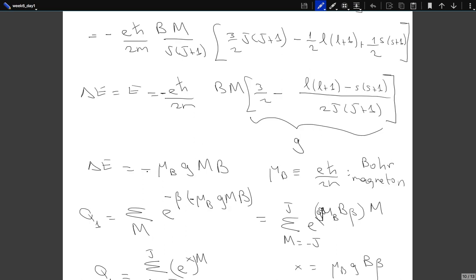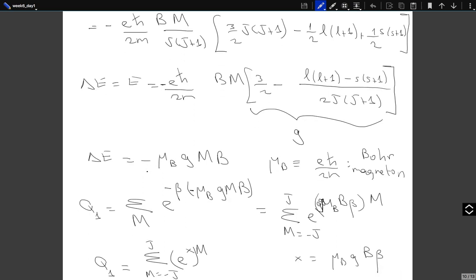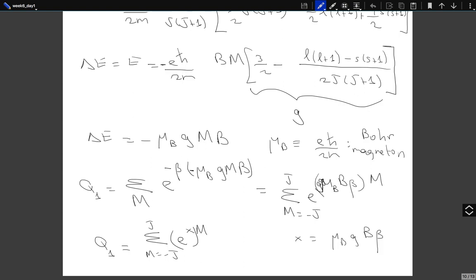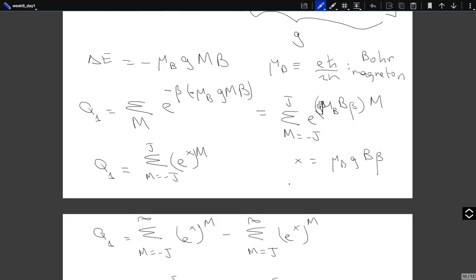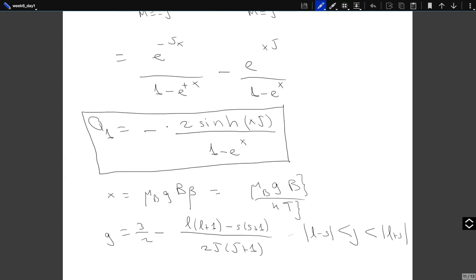It is proportional to the cosine of theta, and in this case the cosine of theta is just m over j, m being the z component of the spin, and then B. So it's essentially similar to the classical expression with some modifications due to the quantum nature of the problem. The possible values of the third component of the spin, m, go from minus j to j. So you just sum up, and we end up with Q1, the single spin partition function.